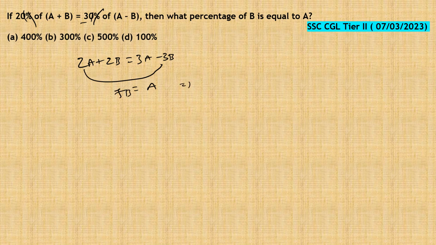That is a by b is equal to 5 by 1. What percentage of b is equal to a? That is 5 by 1 into 100, that equals 500%.